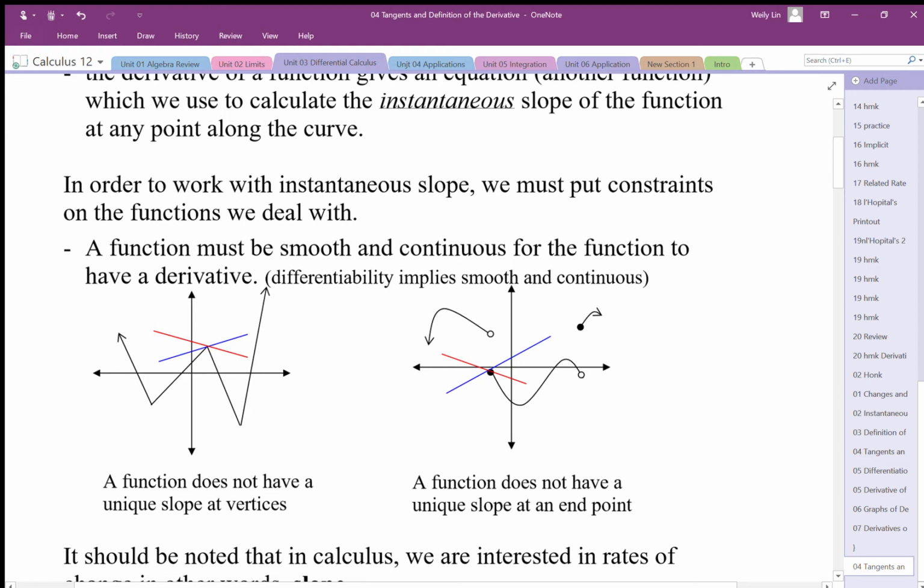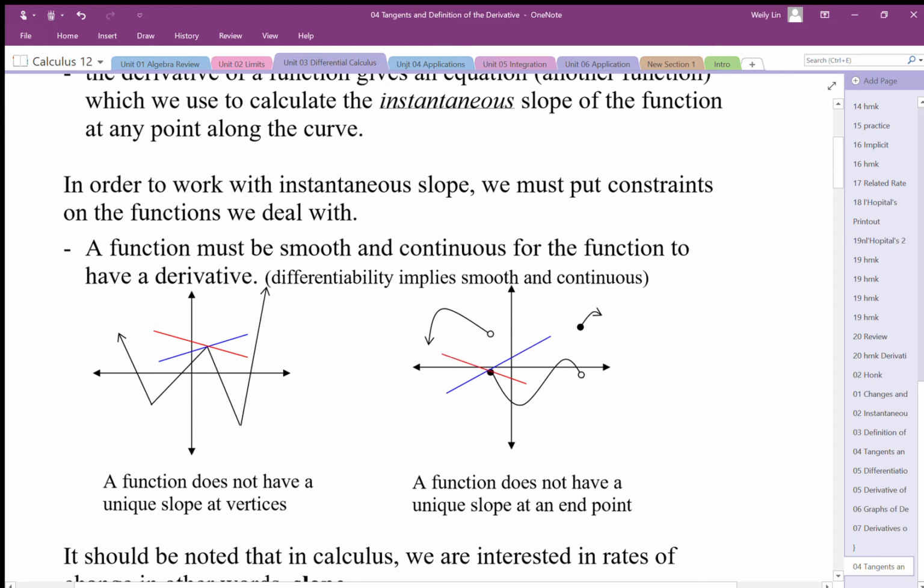So in order to be able to find a derivative, or in other words, differentiate something, we need this graph to be smooth. Okay, so this has to be smooth. Not only does it have to be smooth, so this graph here is smooth, but it also has to be continuous, because if it breaks apart like these ones do, the endpoints are not differentiable.